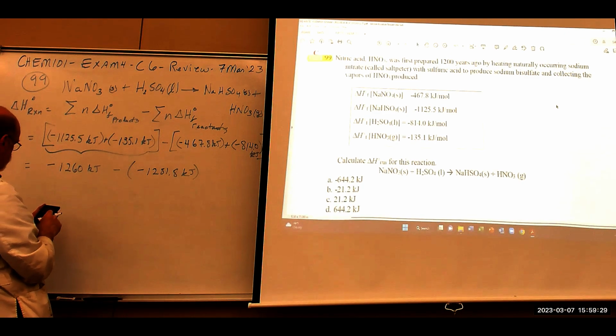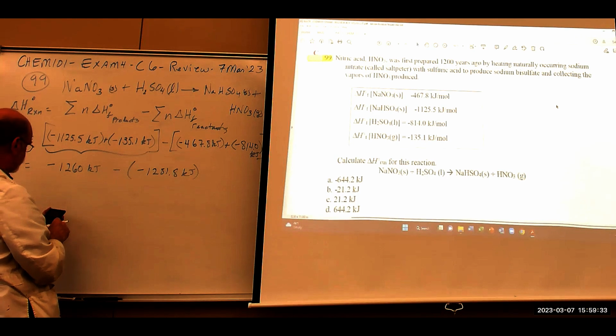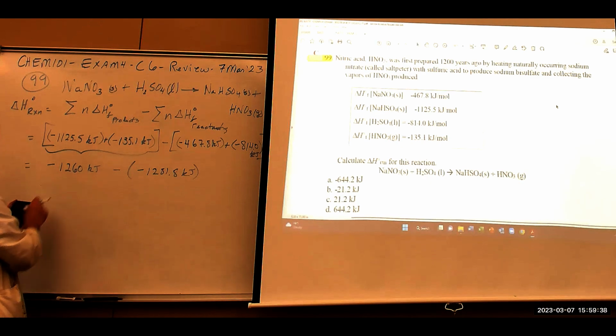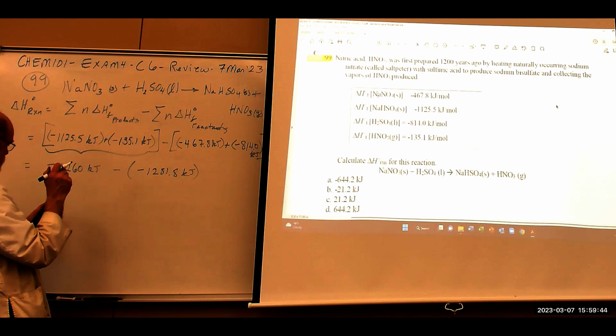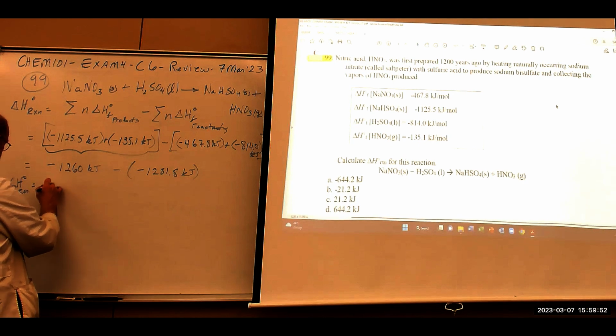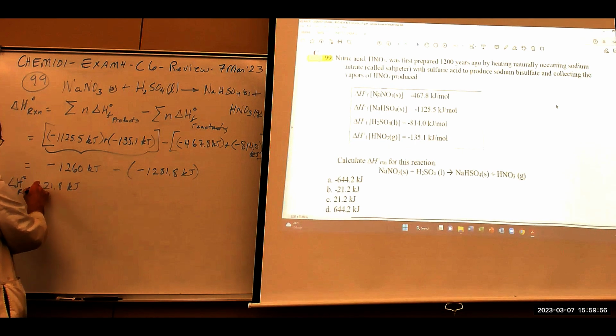Let's see. Yeah. And then 1260. Change the sign and add it together. So the delta H for this reaction is 21.8 kilojoules. It's a positive value.